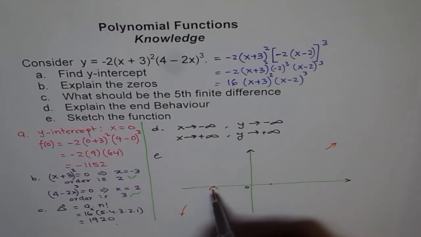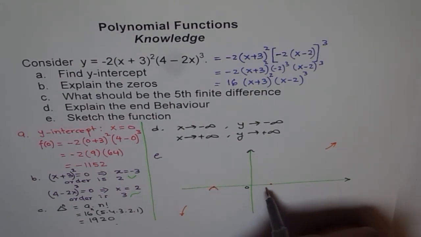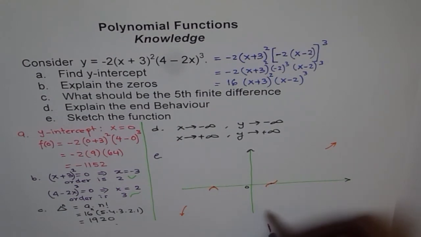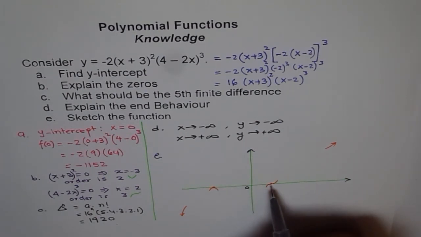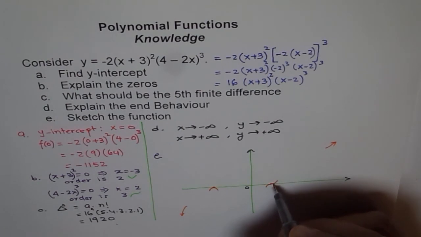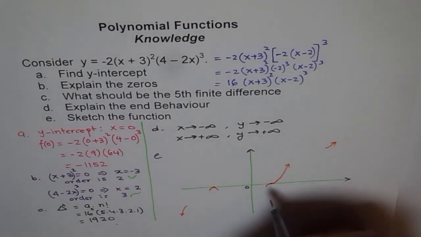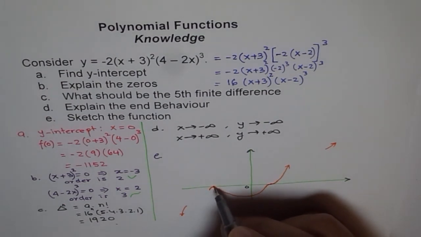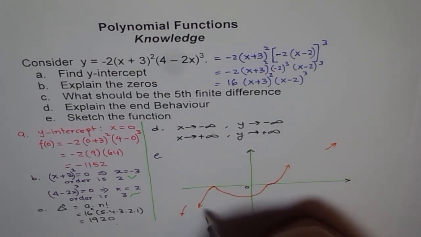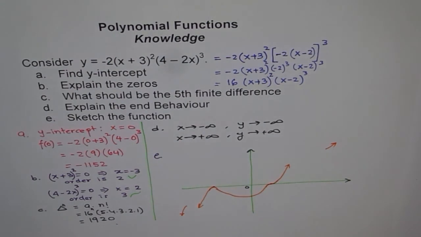Do you see that? It's not going to cross, and here it will cross like a tilde, right? It kind of bends and goes away, right? And now we can join these points and make a graph out of it. That is our function. It goes like this and here, kind of. Do you see? So that is your graph.